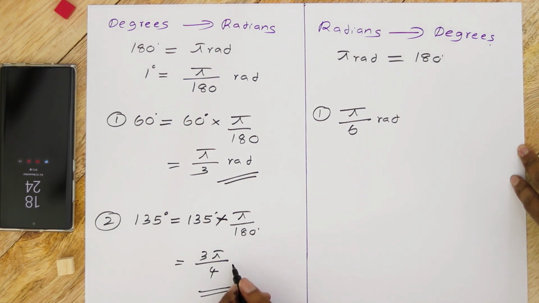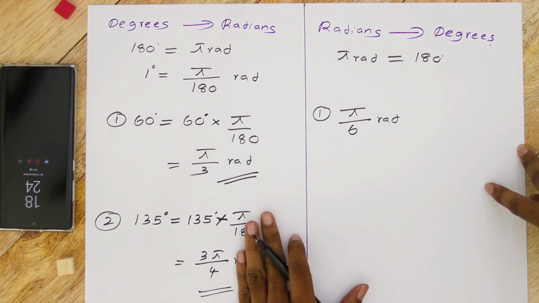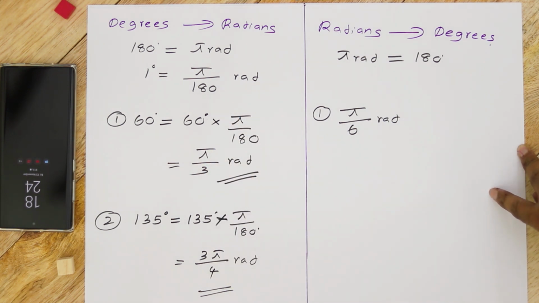Now you may wonder why I didn't write radian here. The reason is, in combined mathematics we are always dealing with radians because that is the SI unit. So we are not so bothered about writing radian. Most of the time we use it without that rad, but that's okay. If you write radian, that's really nice, but if you don't, it doesn't matter much.